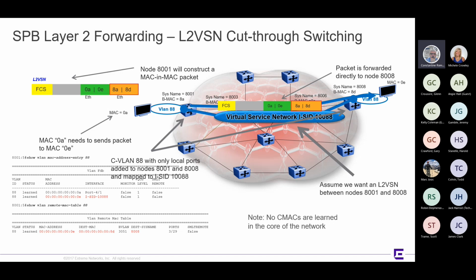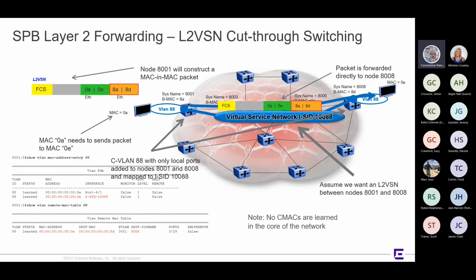And if you remember from previous sessions, the VLAN is a traditional legacy construct for the fabric network through the core. Once we get past that initial backbone edge bridge, at that point we're not talking VLANs anymore. Now we're talking ISIDs, because we've mapped the VLAN to the ISID, and the ISID gets automatically connected through the network.